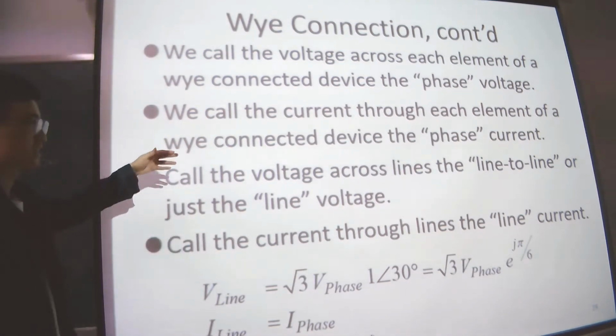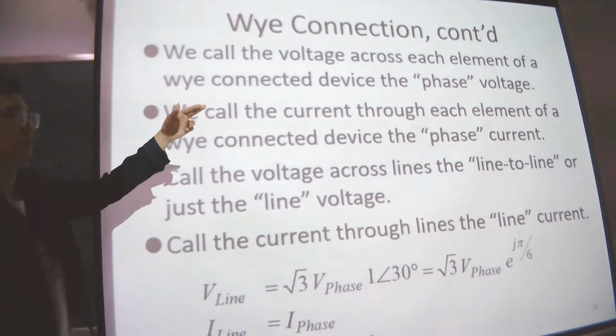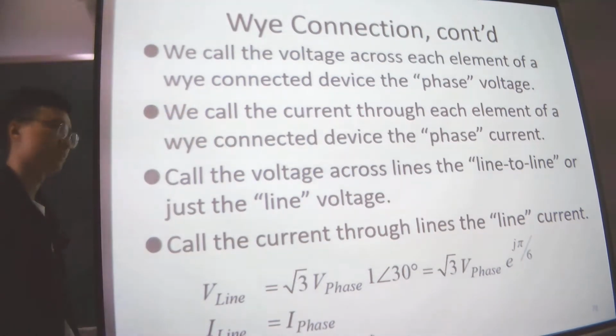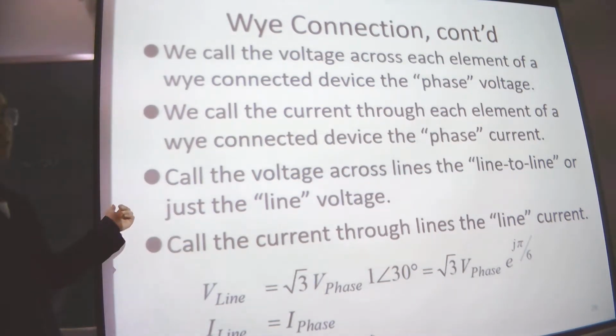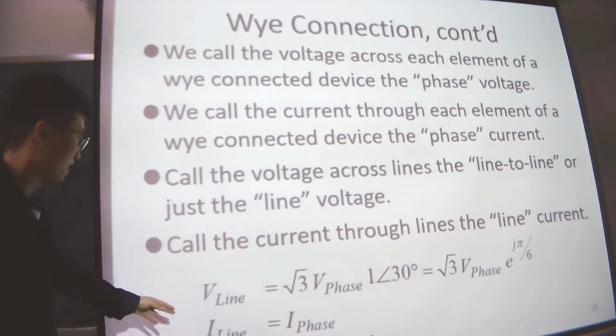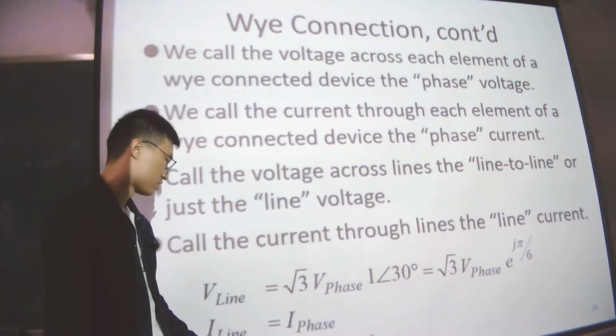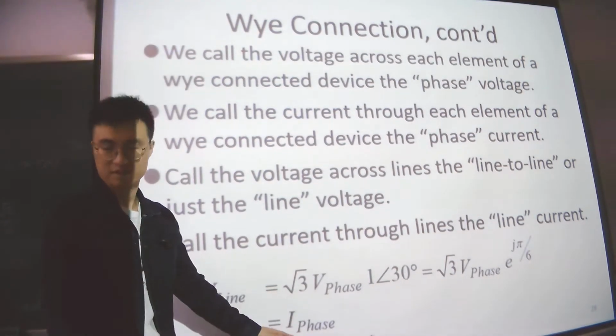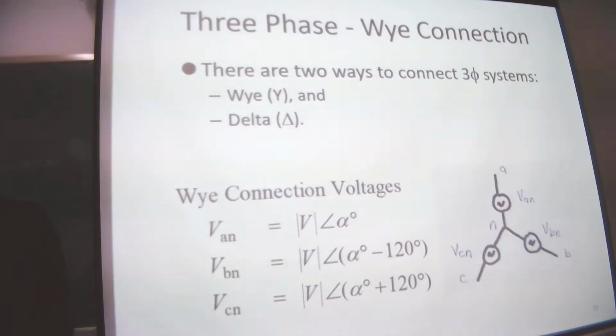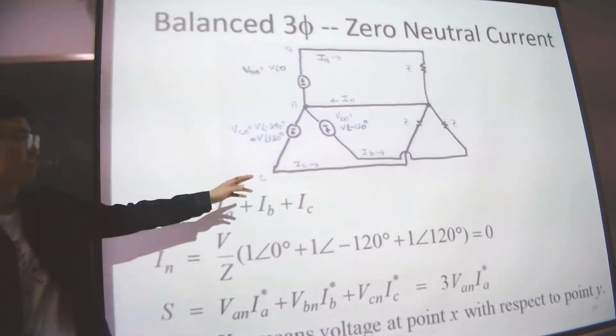The line current is the current flowing through the connection line between the source and the load, right? In the wye connection the line current is the same as the phase current, which is very easy to understand because there is no other branch here.